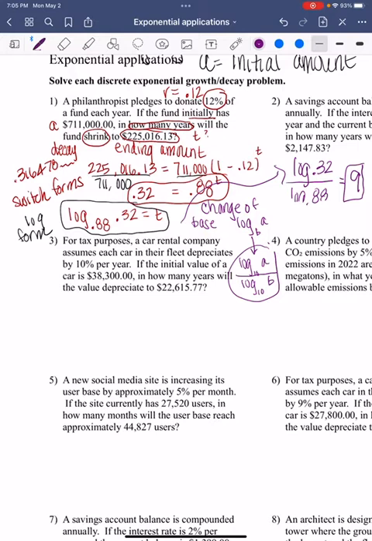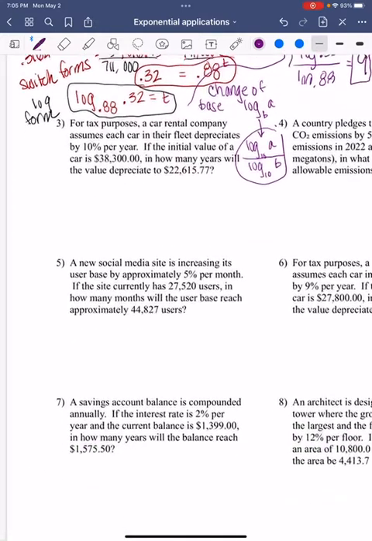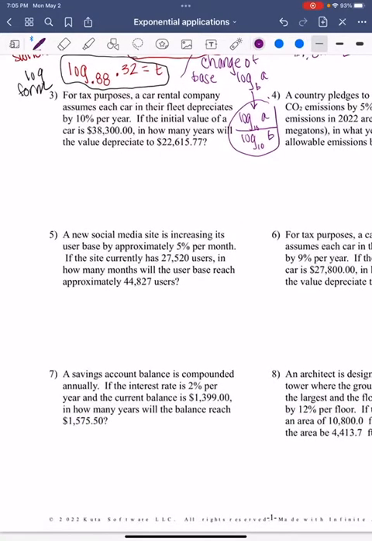Okay, let's do another one. Let's look at number 5. I'm just randomly choosing which ones to do. All right, so number 5 says, a new social media site is increasing. That's growth. Its user base by approximately 5% per month.